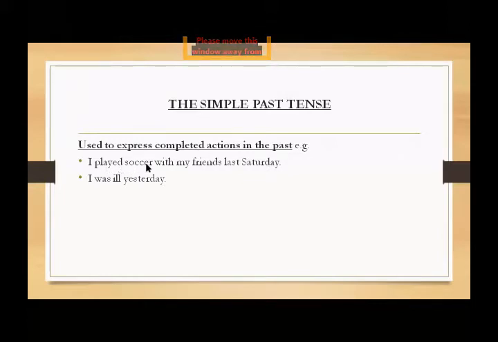I played soccer with my friends last Saturday, meaning that happened in the past. I was ill yesterday. This is also an exceptional case. Was and were can also be used in the simple past tense, and was is the main verb here, just like is.